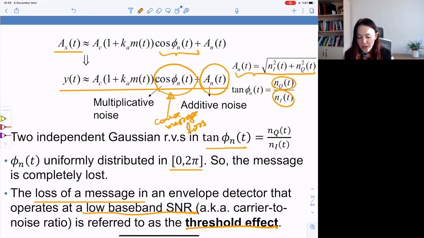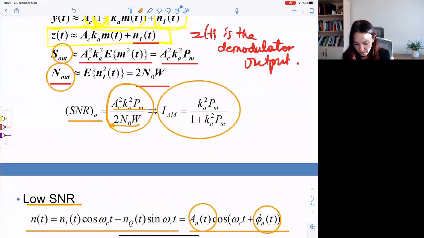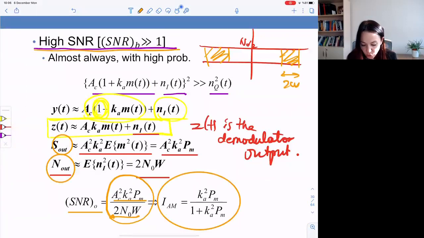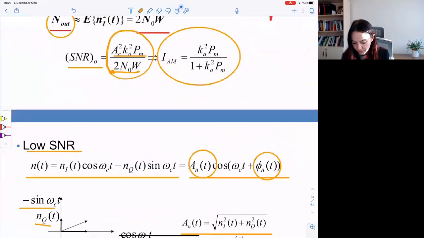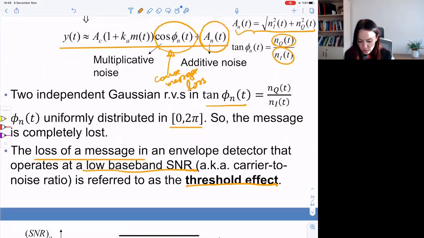Well, I don't think anybody can really pinpoint a particular value, but when this no longer holds, when the baseband SNR, or in other words, the carrier to noise ratio, is not significantly larger than 1, you start getting poor performance, and after a while, you totally lose the signal.